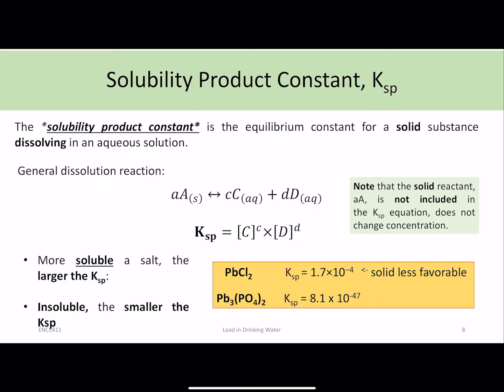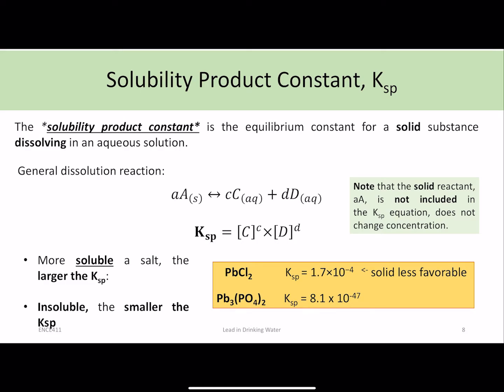We can have these two compounds in the water distribution system with lead pipes, because we have chloride and we have phosphate if they are using phosphate in the system. So you have the solubility product constants here. They are both very small, but this is much smaller than this one. So by looking at this, which compound do you think is soluble in water?